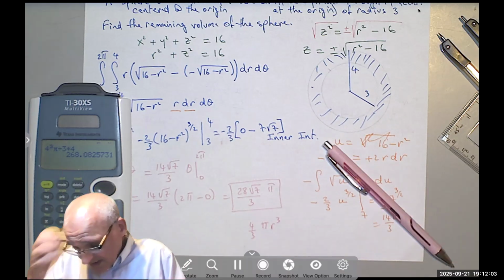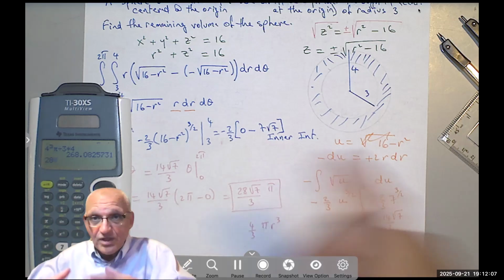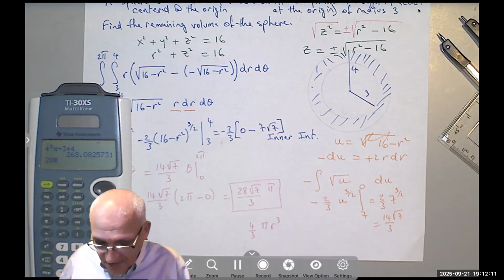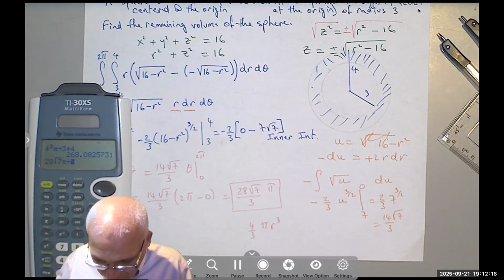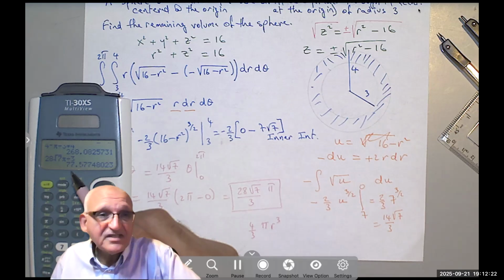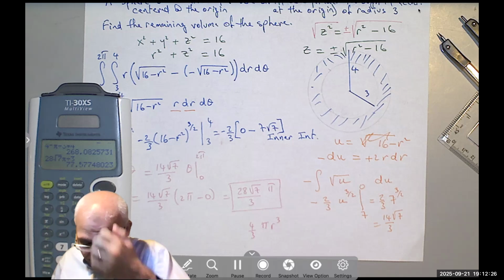You get 268. Now what we got is 28 when we cut like 3 out of 4. So we cut a big deal, right? 28 square root of 7 pi over 3. So we are only left with 77 cubic units.